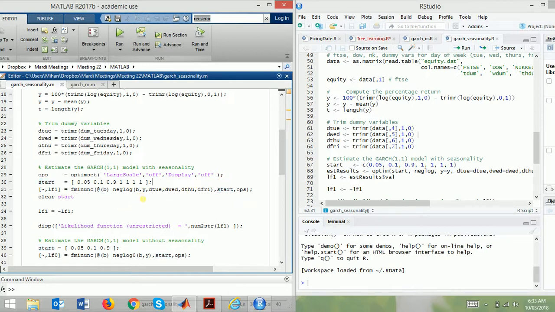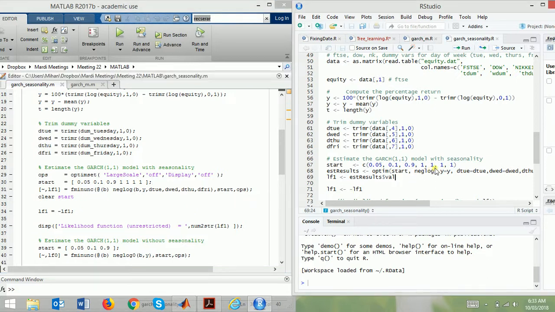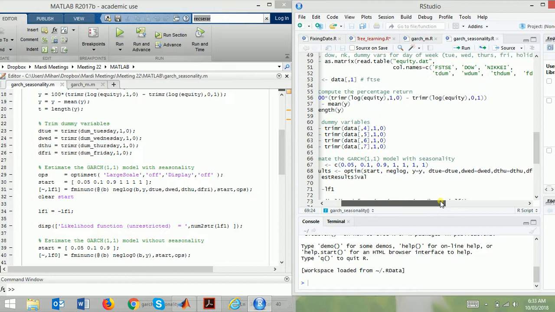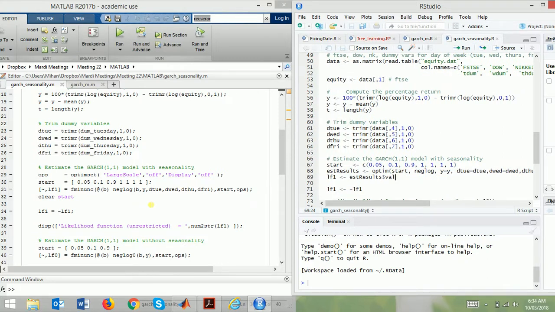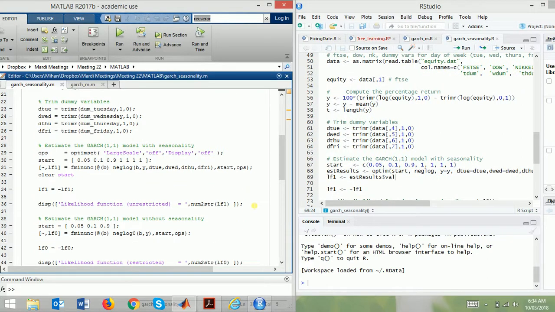And we do neglog, y, Tuesday, Wednesday, Thursday, Friday. So we have the log likelihood function from our optimization.